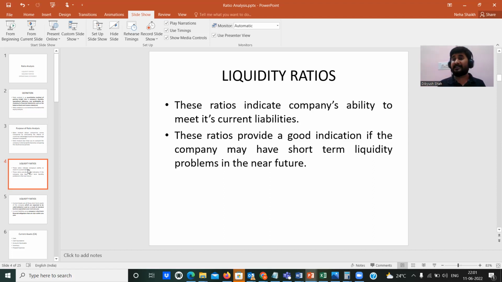So if you consider that, these ratios are very important, specifically for those companies which are seasonal industries. Seasonal industries means like umbrella. They have a seasonal demand and seasonal sale. So in the rainy season, they may have a huge amount of money required to produce the number of umbrellas.